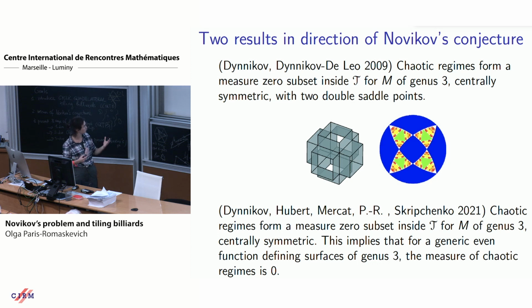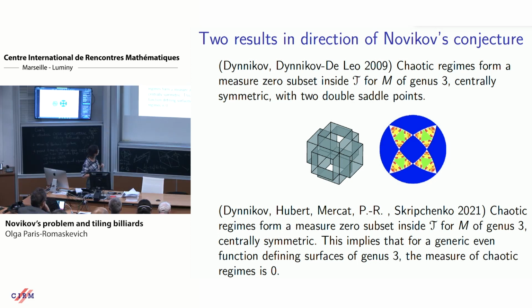And today we have the result, which proves the analogous result to the Dynnikov-De Leo case, but getting rid of two double saddle points. So we just have a genus 3 surface, which is centrally symmetric, and we prove that chaotic regimes form a measure 0 set in this subset of chaotic regimes found in Dynnikov's theorems.